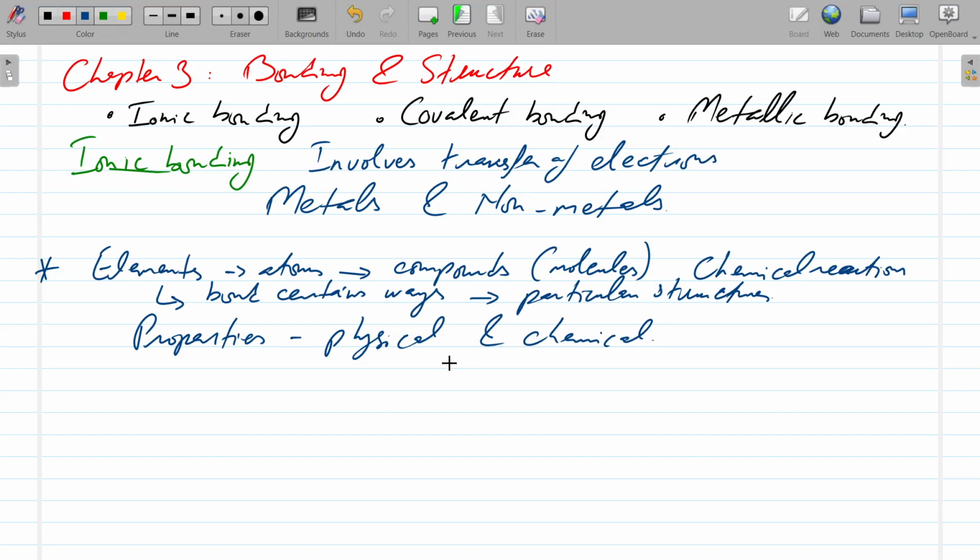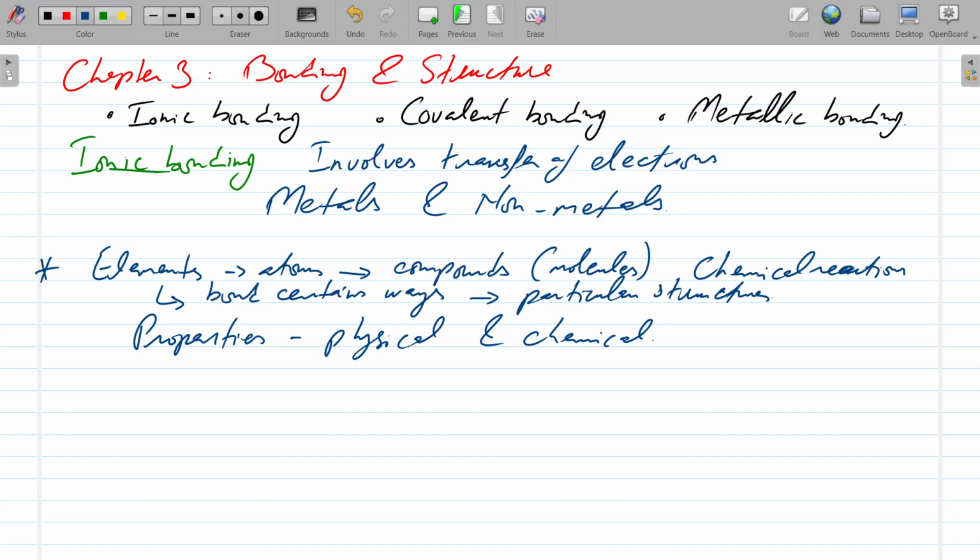Okay, so coming back to ionic bonds, they take place between metals and non-metals in general. What's happening? We know that it's a transfer of electrons.